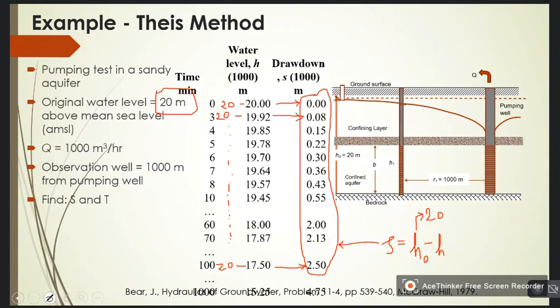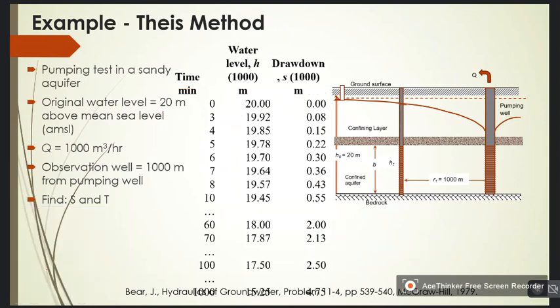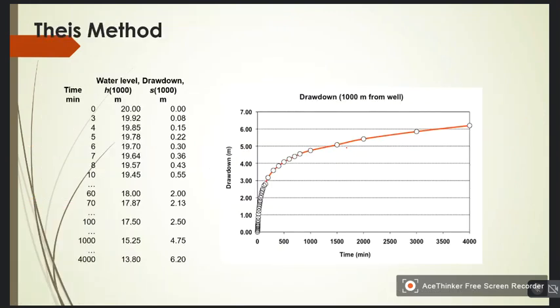So what we do is, this is the time, T, and this is S. This is a simple graph between drawdown and time.